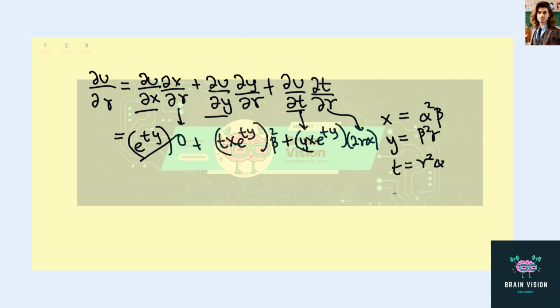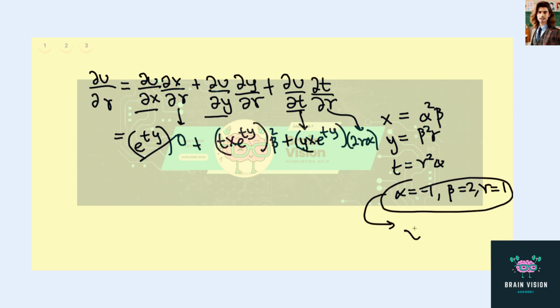So let's once again recall the values that were given for alpha, beta, gamma, and that these implied x is 2, y is 4, t is -1.